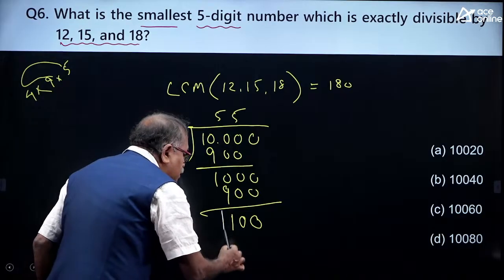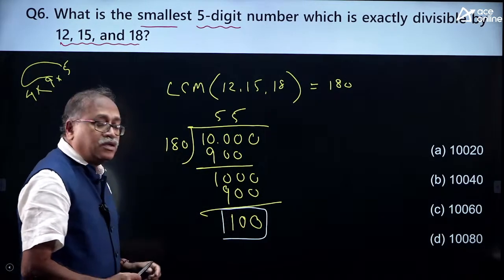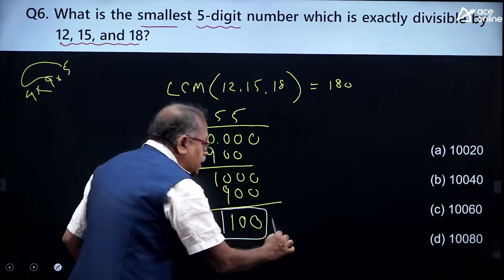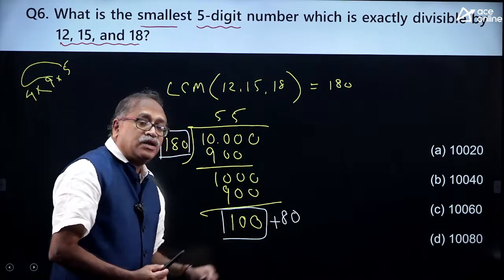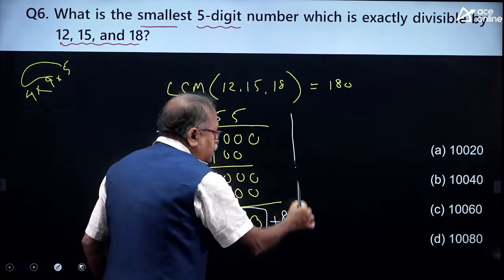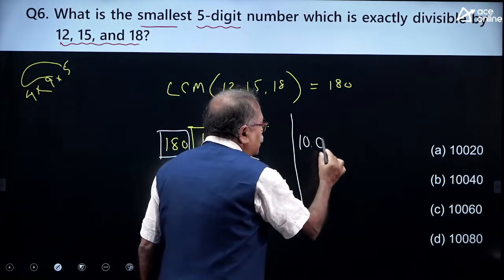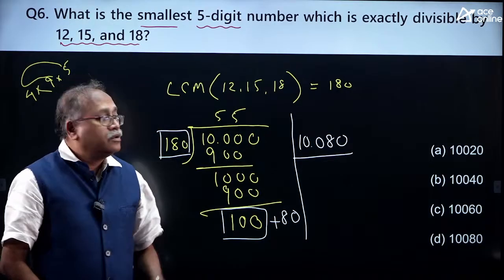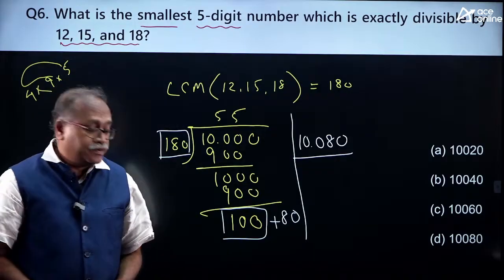The remainder is already there, 100. How much should I add to 100 so that it becomes divisible by 180? If I add 80 here, it has become 180 and divisible by 180. That means in the original number I need to add 80. So the original number is 10,000 plus 80. That is the smallest 5-digit number which is divisible by all these numbers.